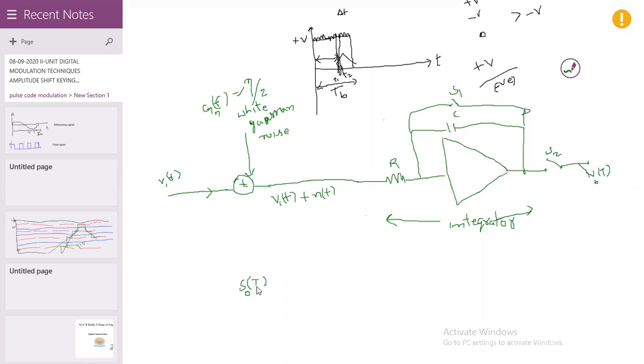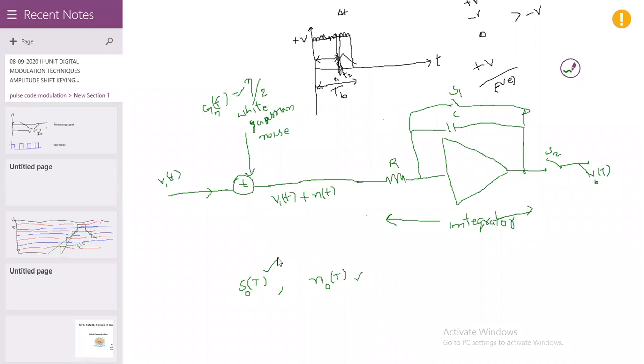Here T indicates the bit duration, Tb. So here we can derive two parameters. One is S naught of t, another is N naught of t. N naught of t is the noise power and S naught of t is the signal power. First we derive the signal power.